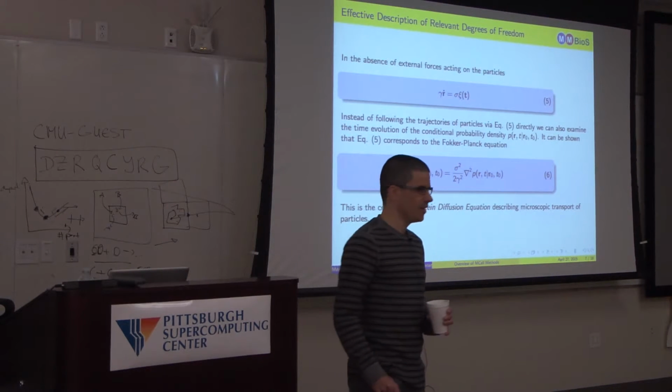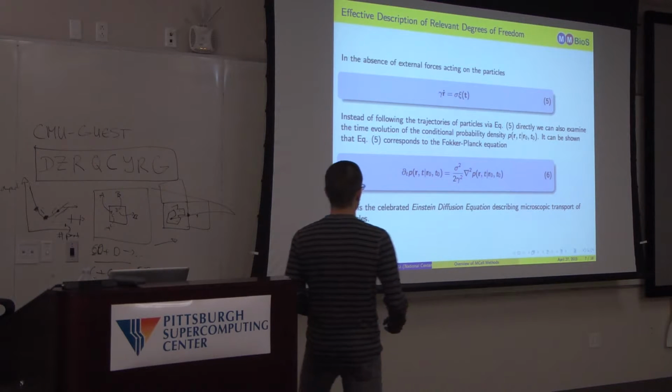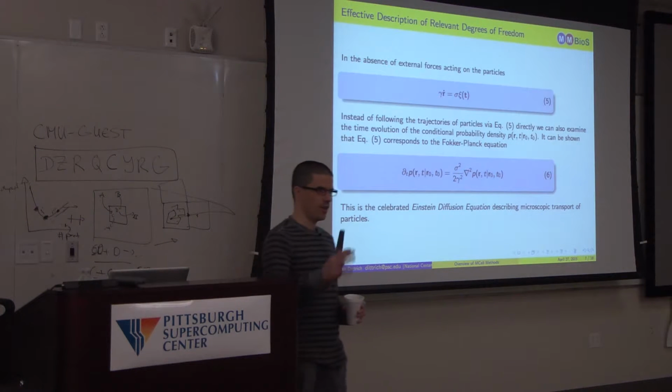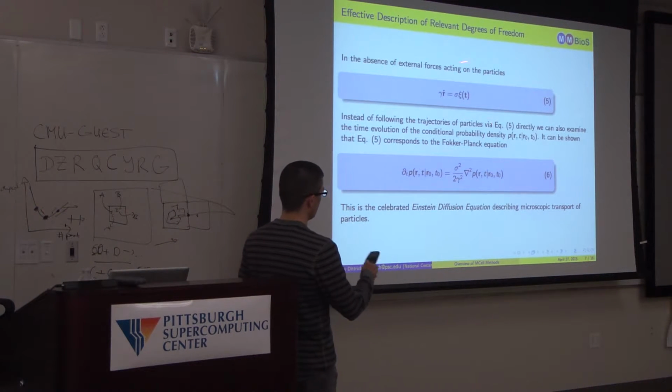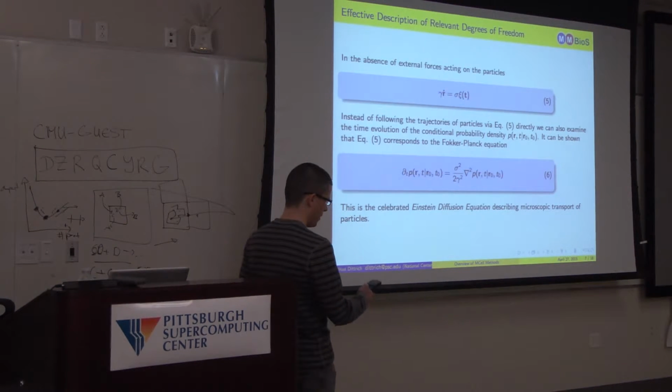There's a way, using what's called Ito calculus, to equate the two. You can actually show that the system that you're sampling using this approach and this approach are equivalent, even though they have two different points of view. Here you really follow particles explicitly as a function of time.